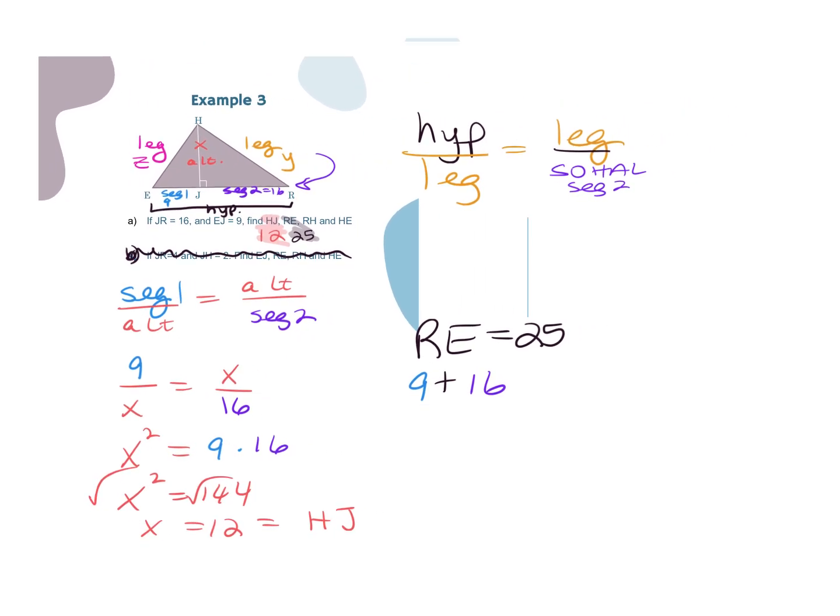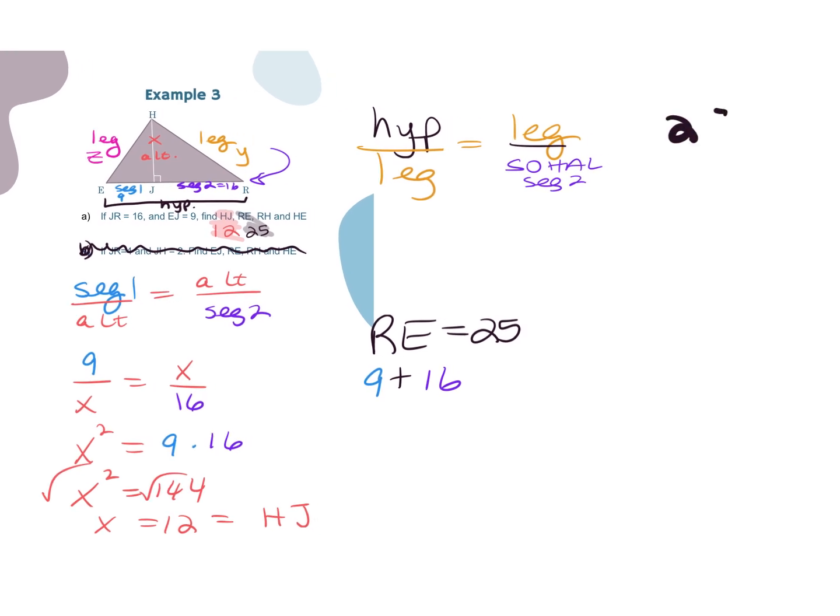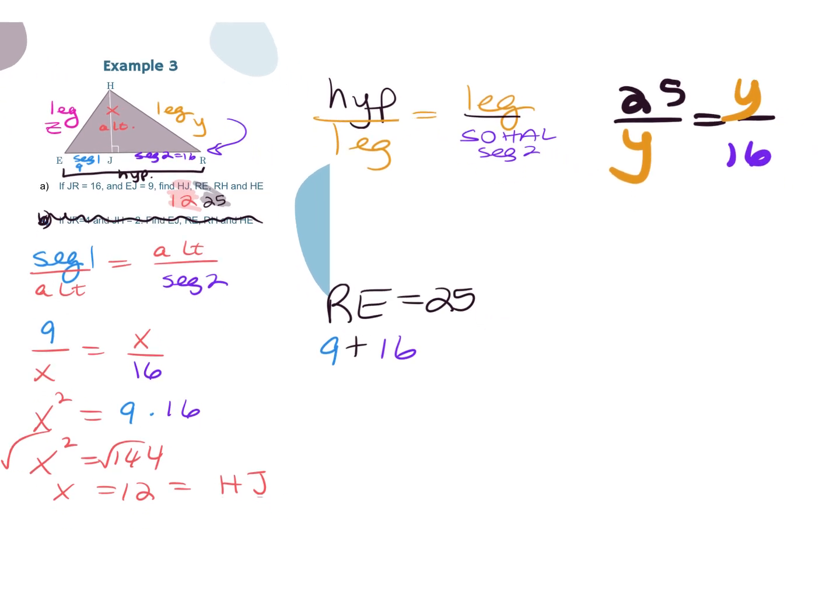I just found the hypotenuse. It's 25. I don't know the leg. My leg is Y. And my segment 2 was 16. I'm going to cross multiply. I get Y squared equals 25 times 16.